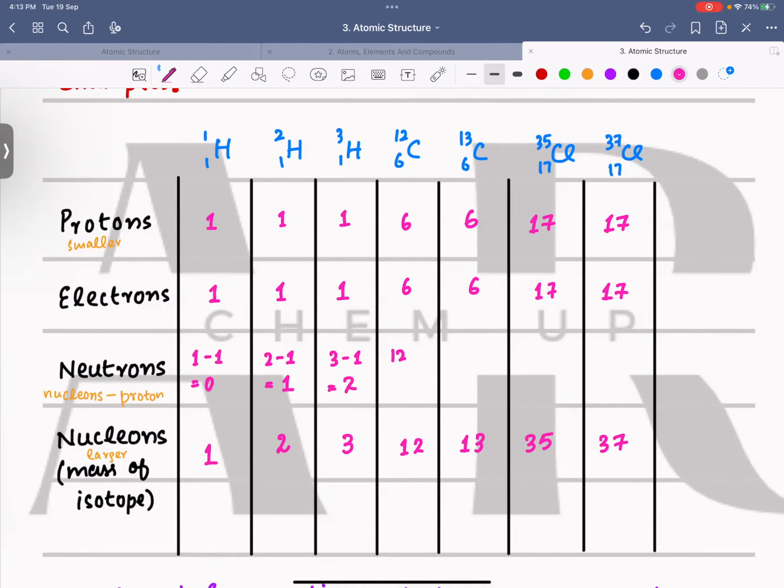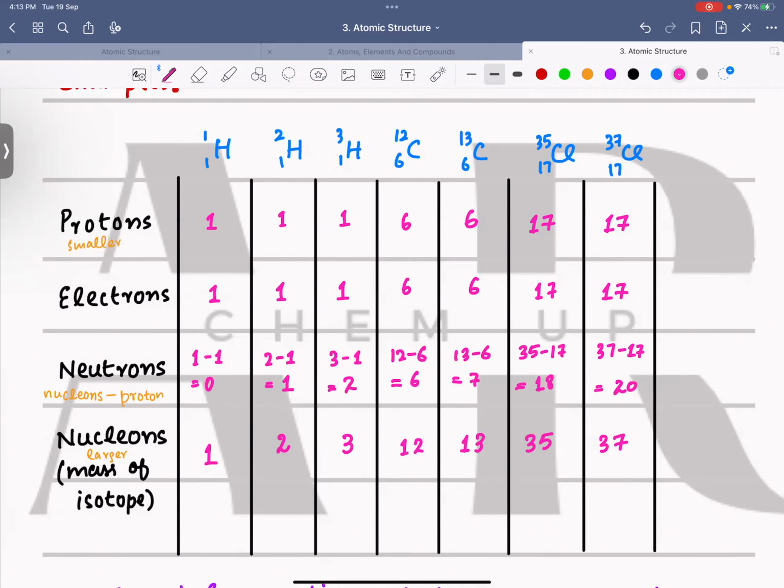And here 12 minus 6, 6. 13 minus 6, 7. 35 minus 17, I will get 18. And 37 minus 17, 20. Is this understandable? That's how we will figure out protons, electrons, and neutrons.